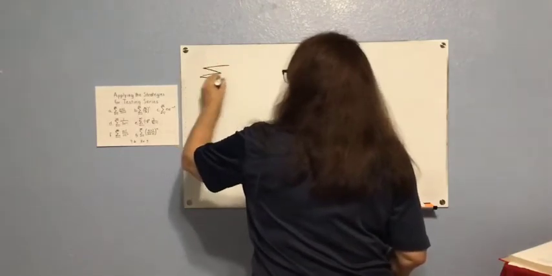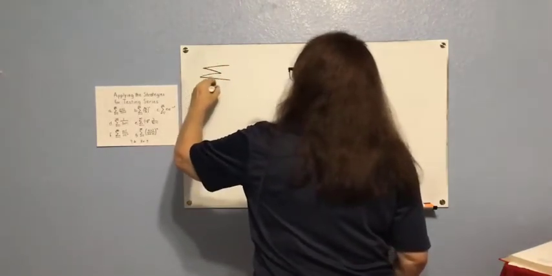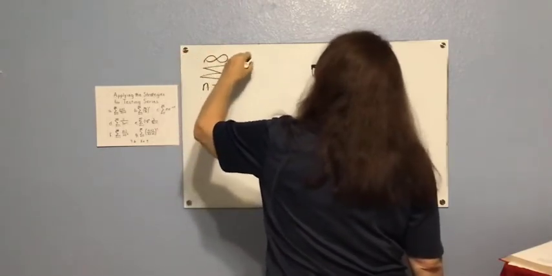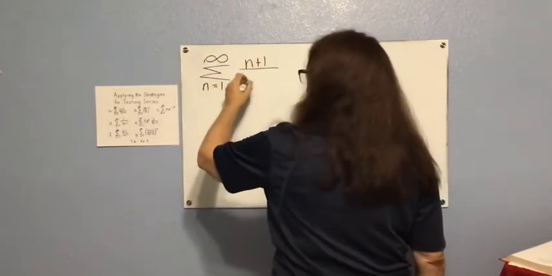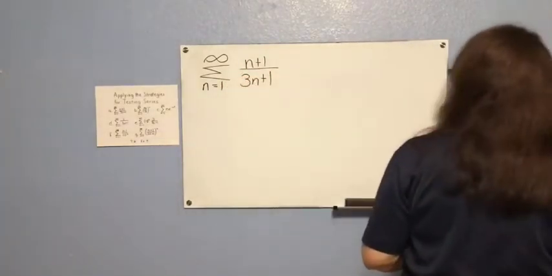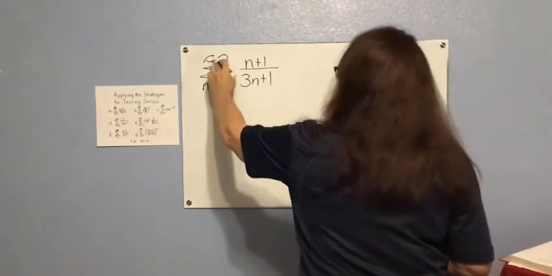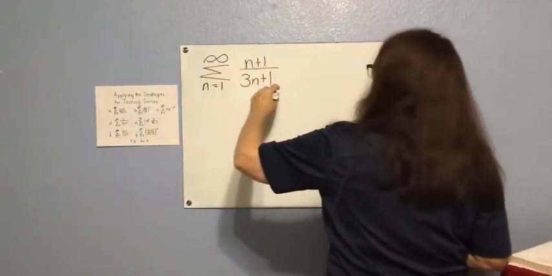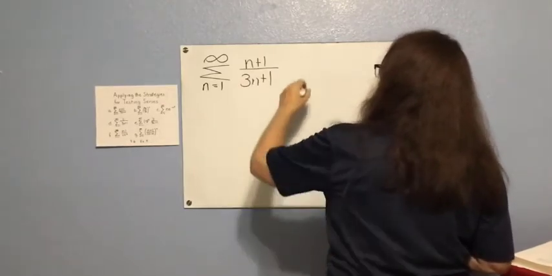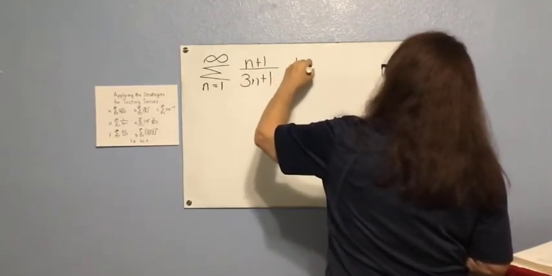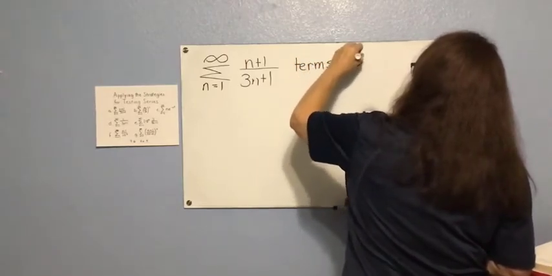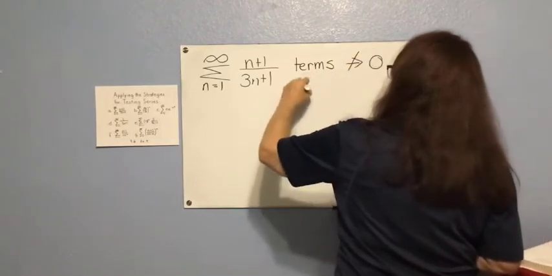So here's the first one. n plus 1 over 3n plus 1. Okay, as n goes to infinity, this is not going to go to 0. So the terms do not go to 0, so it must diverge.